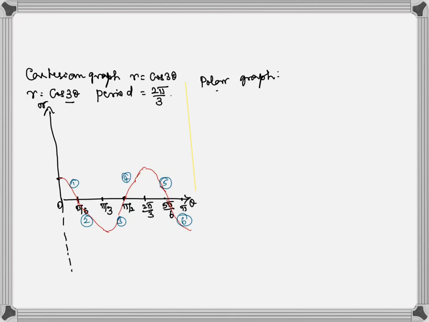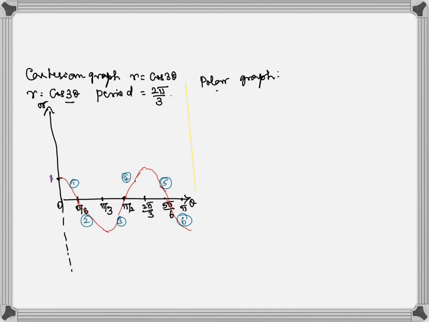Segment 1 tells us that the value of r decreases from 1 to 0 as theta varies from 0 through pi by 6. Then segment 2 tells us as theta increases from pi by 6 to pi by 3, r goes in the opposite way from 0 to -1.